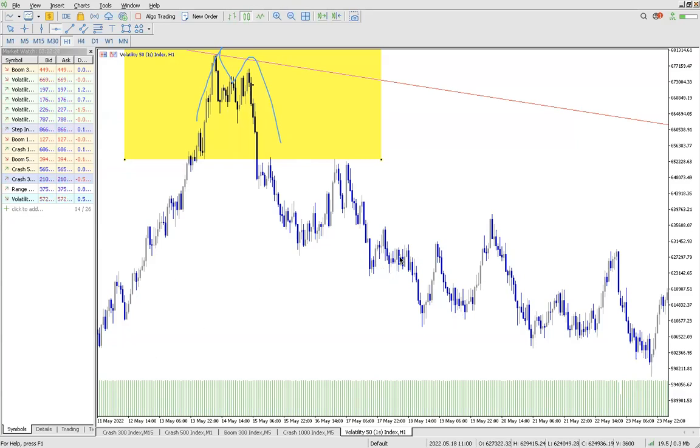Let me do this. Sorry. I had this area to break here. And soon after I got that break of structure, that validated a drop for me. Right.